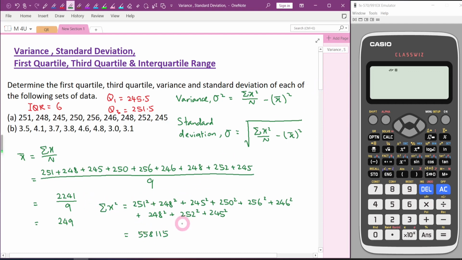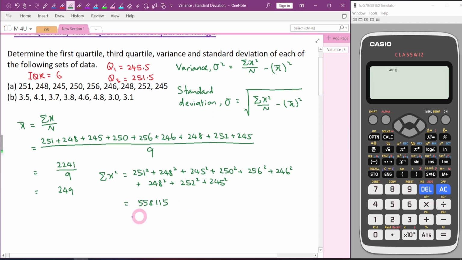Just plug in all the values that we got just now into this formula and press our calculator. Variance is equal to sum of x squared, which is this one, 558115, divided by the total number of data. We have 9 data over here, minus mean square, 249 square.